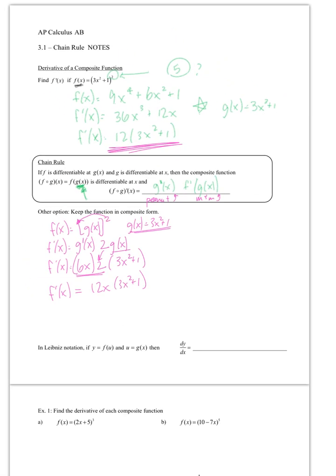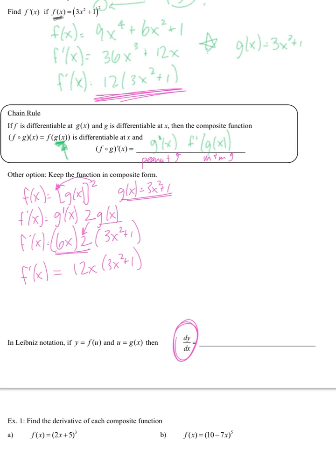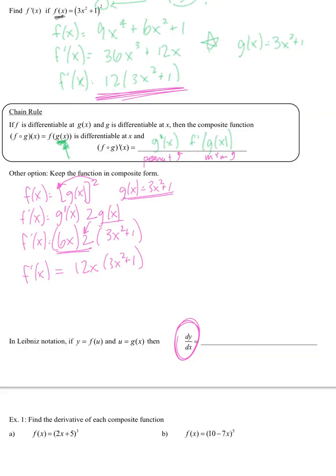Okay, now this notation down here is called Leibniz notation. You've seen it before, but I want you to see this exact same problem done just a different way. All right, so, and this may pop up, it may not on the AP exam, but if dy dx is equal to dy du times du dx, I want you to see this, again, the exact same problem done this way.